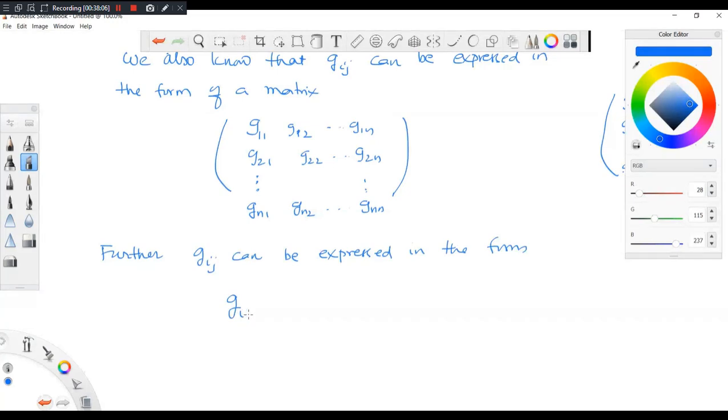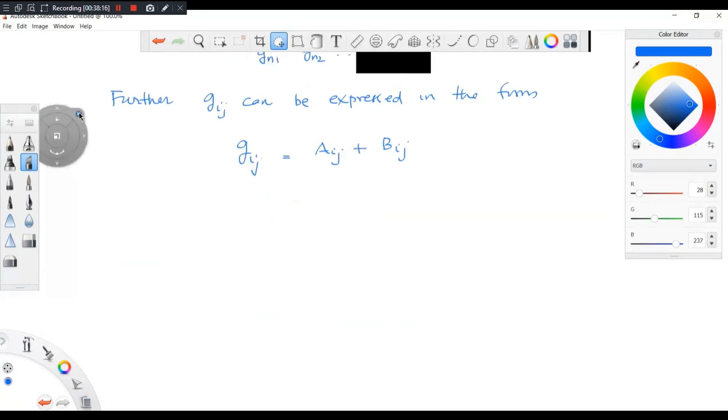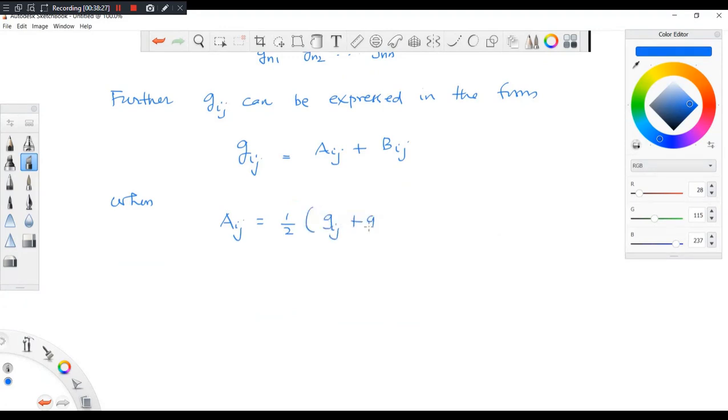Okay, the sum of two tensors, where Aij is equal to half of Gij plus Gji, and this is symmetric.